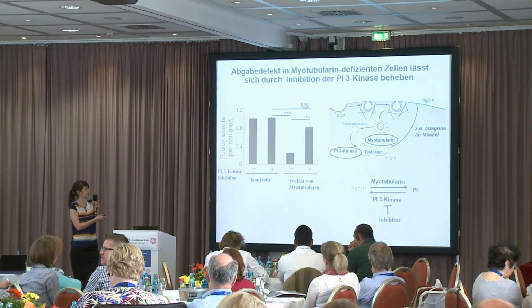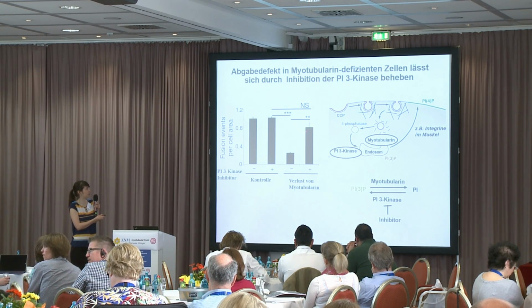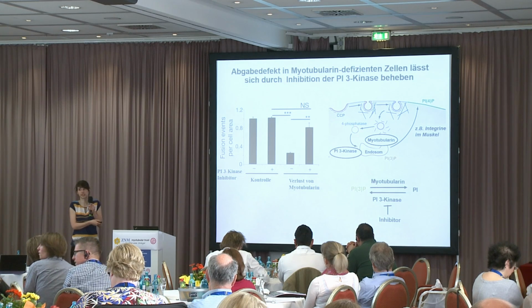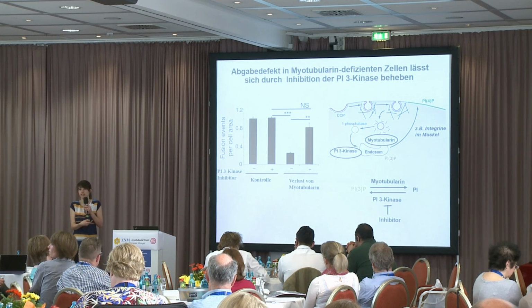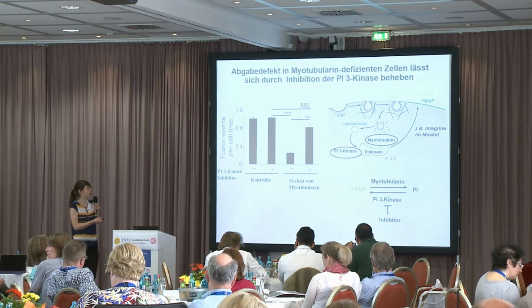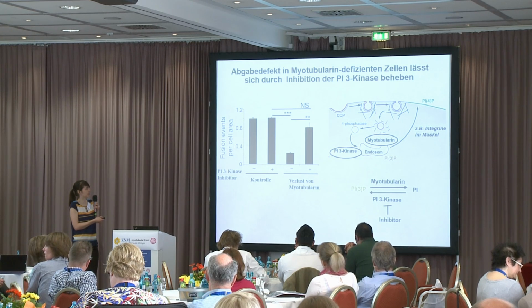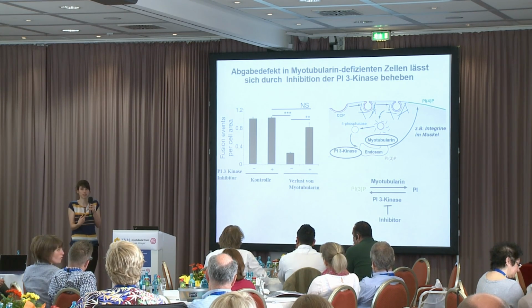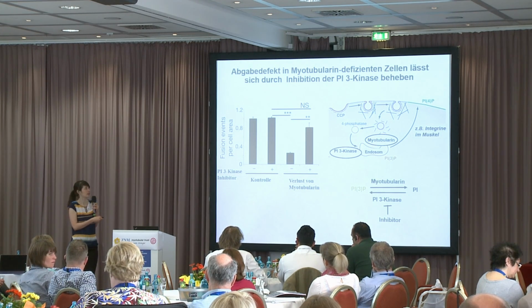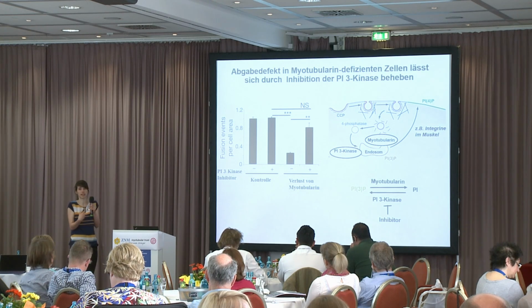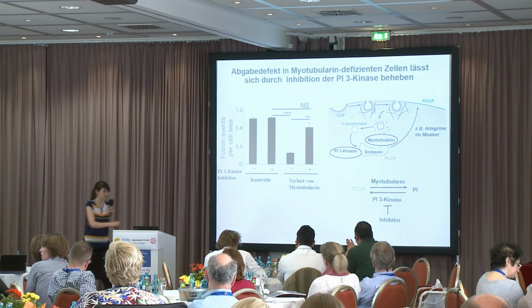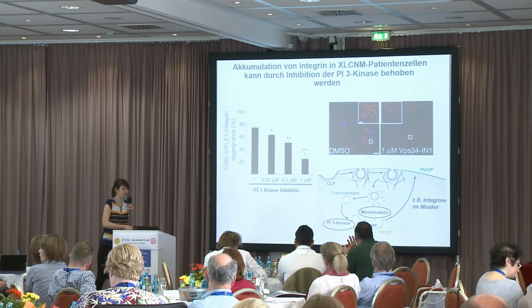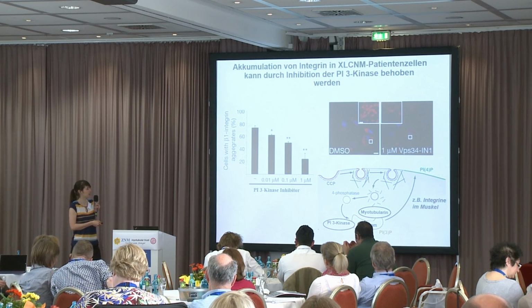If we take the cells from the patients and we work on them as I've just described, then they become control cells. They are set back to the original state. It is therefore possible to enable the transport inside the cell.